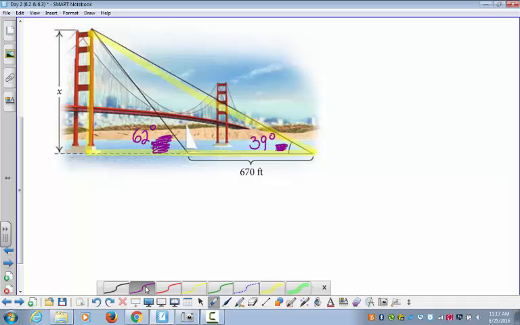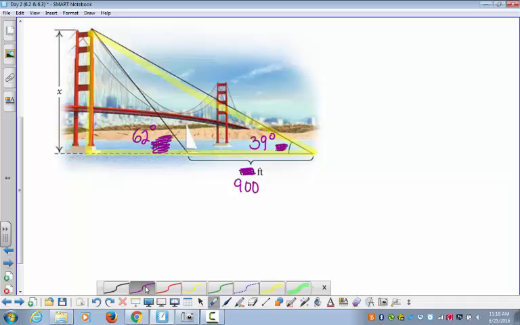And we'll change this, make that 900 feet. So again, the scenario is that we're sailing. We measure the angle to the top of the bridge to be 39 degrees. We sail 900 feet, measure the angle to the top of the bridge to be 62 degrees. And we want to know how tall the bridge is. We want to know what that vertical distance x is.